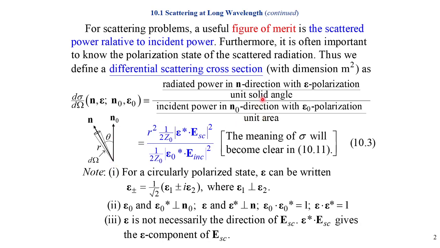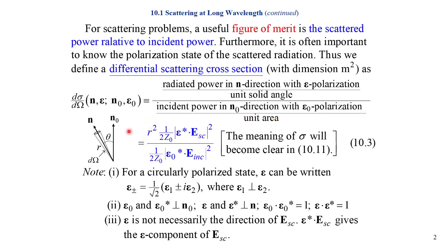So radiated power over incident power, just like a figure of merit, but in the n direction with epsilon polarization, and n0 direction with epsilon 0 polarization. This is the numerator and this is the denominator. So the dimension will be meter squared, the area.